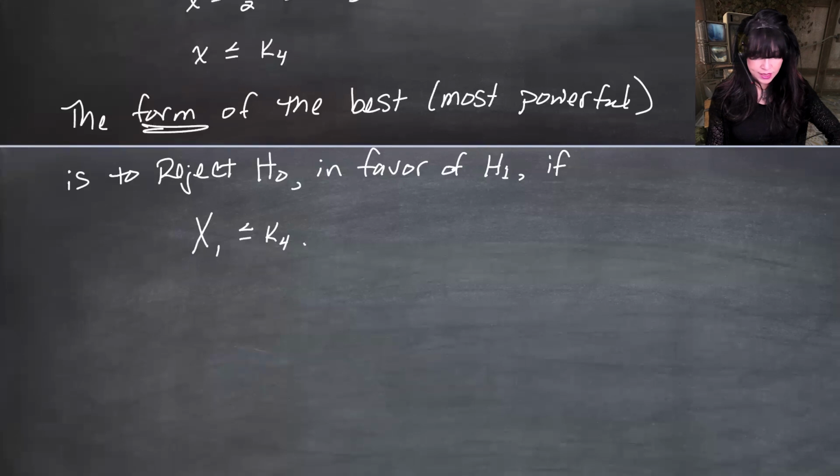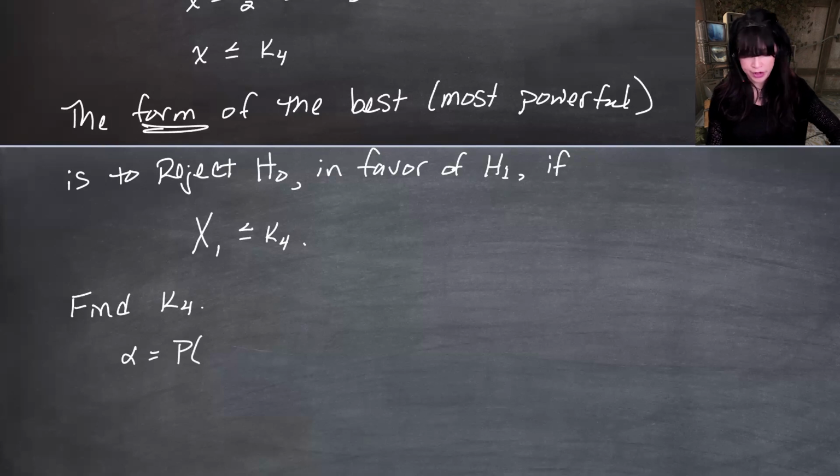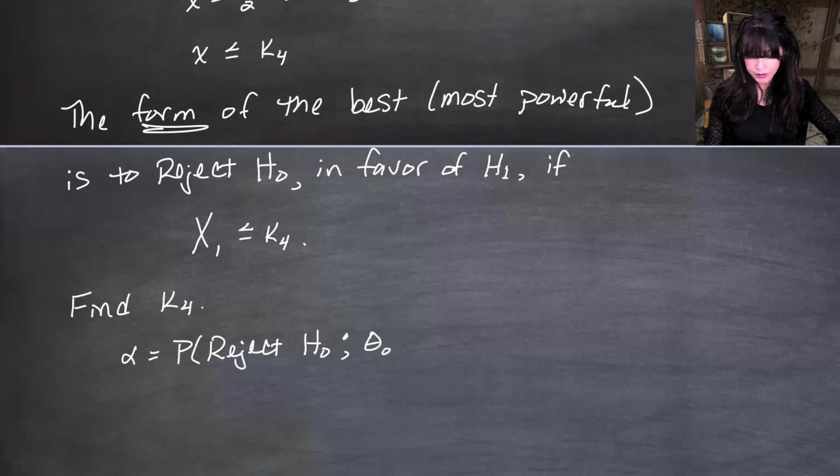Okay, so this is still step 1, but I want to find k4. So alpha is going to be the probability of making a type 1 error. This is the probability we reject the null hypothesis when the parameter is theta naught. So this is saying the null hypothesis is true.